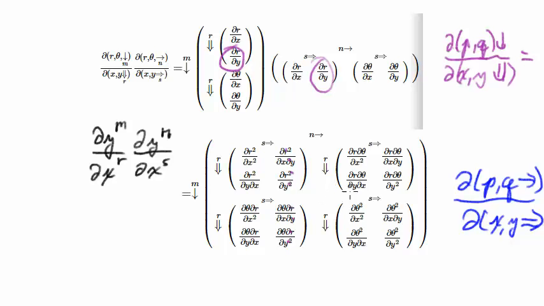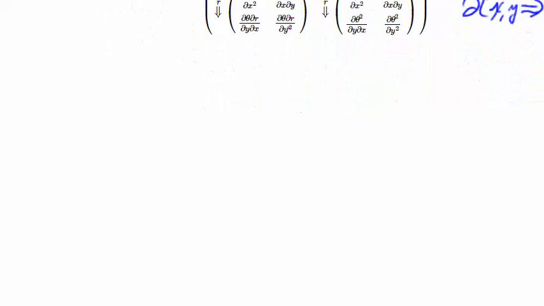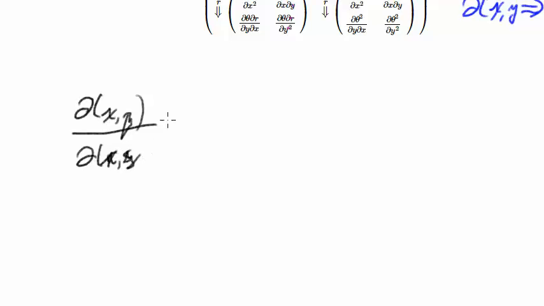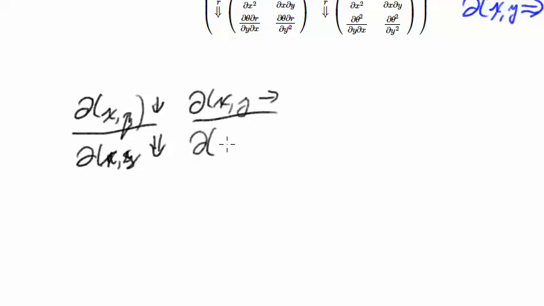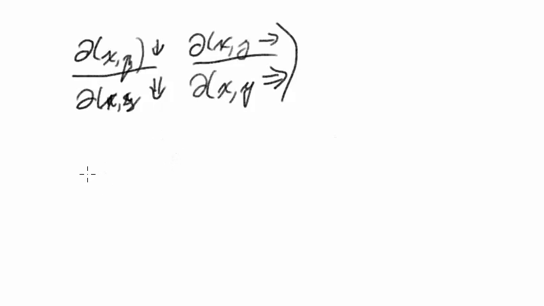Just for fun, let's find the metric tensor for flat space. What I'm going to do is use del x comma y, down arrow, double down arrow, and del x comma y right arrow, del x comma y double right arrow, and we're going to come up with the metric tensor for flat space.